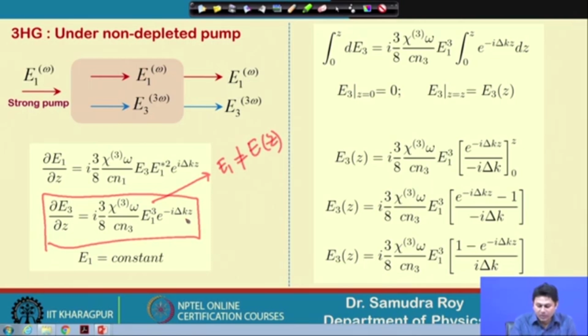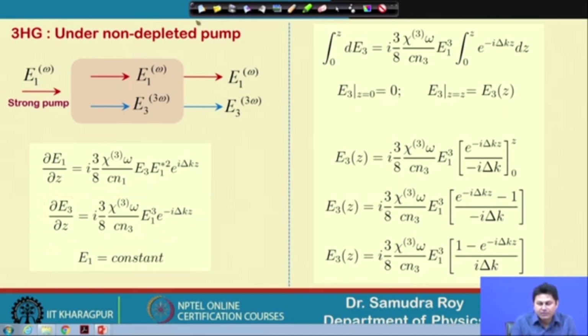Once you integrate this quantity with the boundary condition that E3 at z equal to 0 is 0, and E3 at z equal to z is some quantity, say E3(z). As I mentioned, this is a constant, so it will come out of the integration. Only this quantity will be integrated.